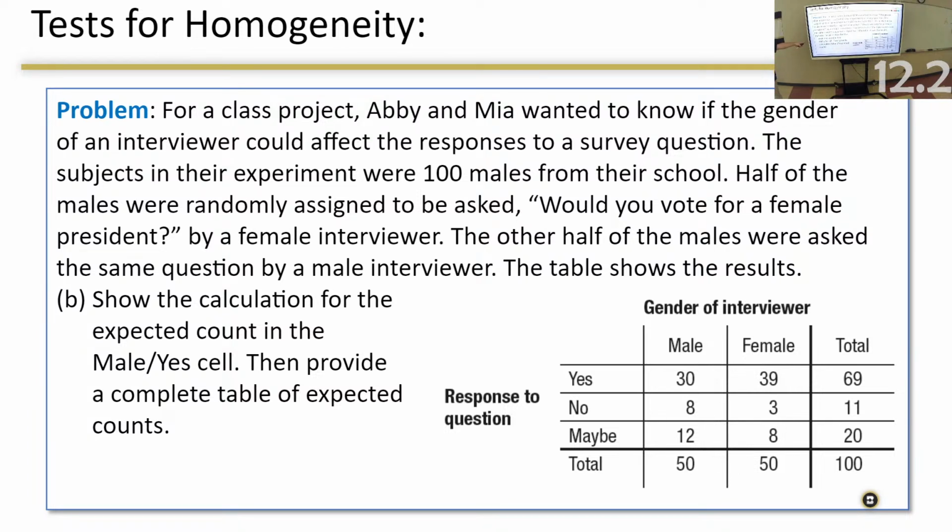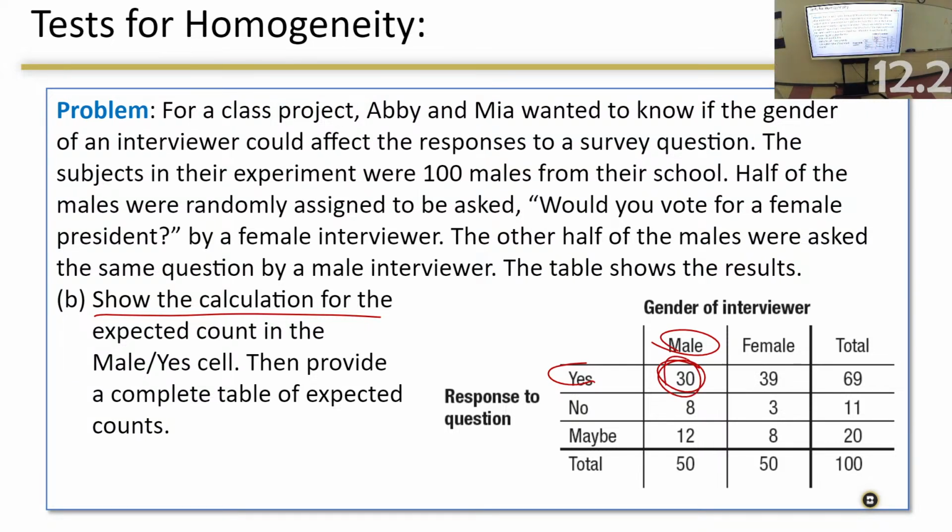Show the calculation. You better show the calculation for this one because they tell me to. I better not have just an answer. Show the calculation for the expected count of the male yes cell. That one right there.